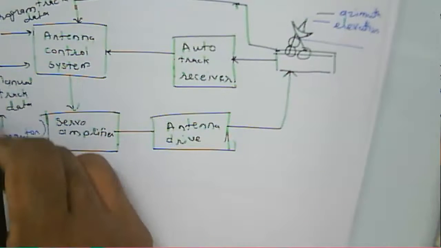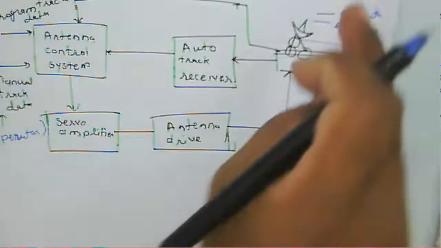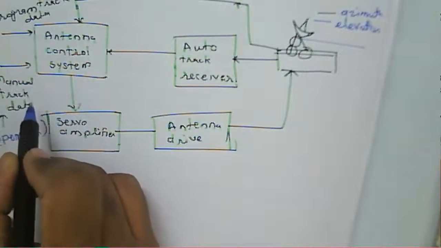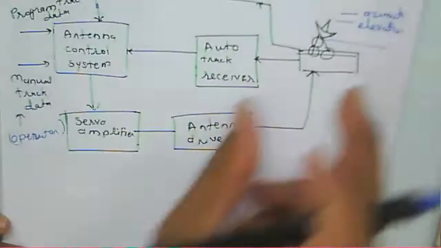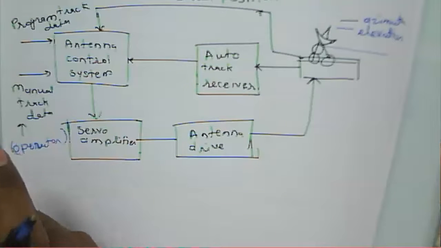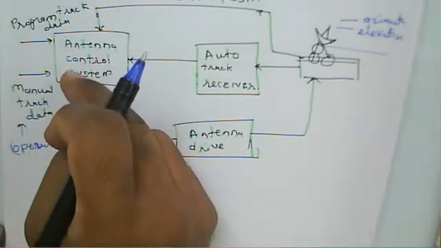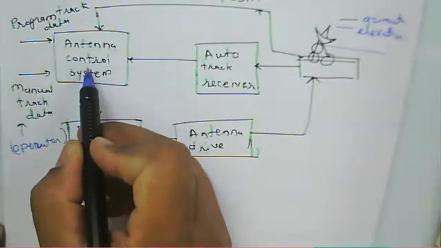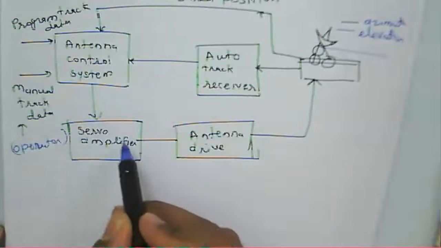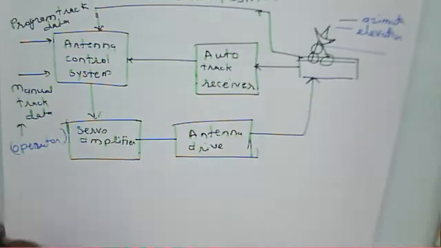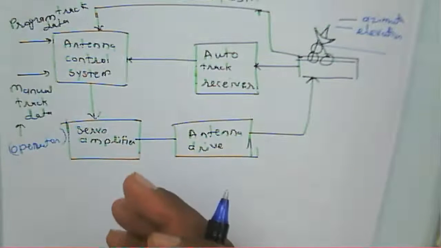So to fix the azimuth and elevation, the data for the azimuth and elevation of the given antenna is to be given manually to the system. It means the values of elevation and azimuth are to be given to the antenna control system. According to that, it will produce an output, and then the antenna drive system will drive whatever motor is there according to the input.